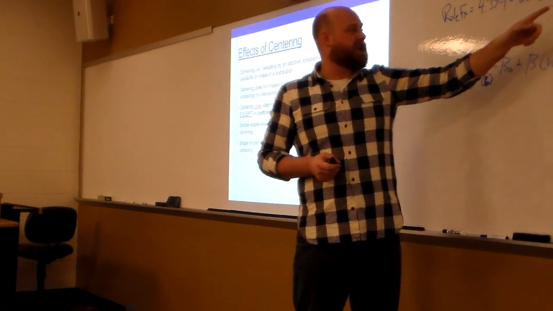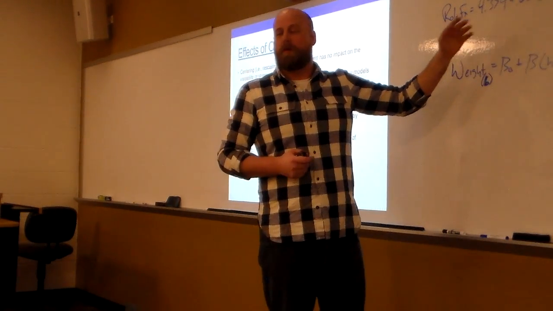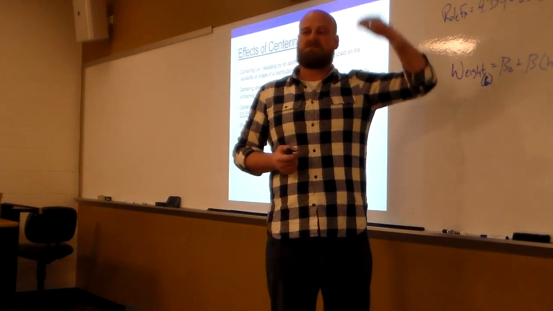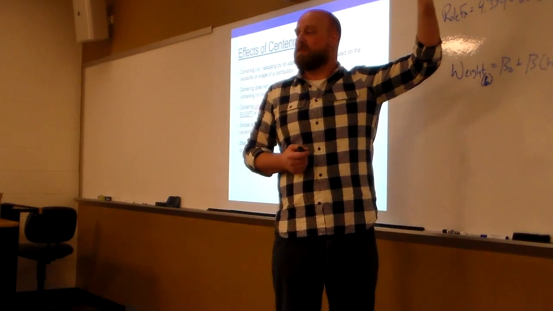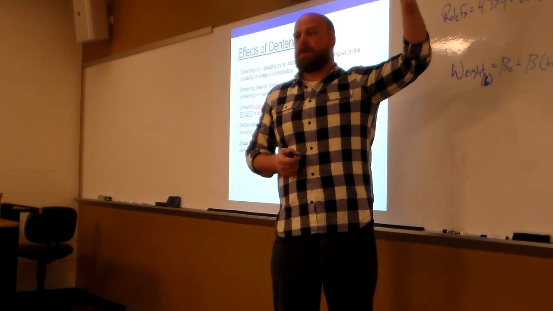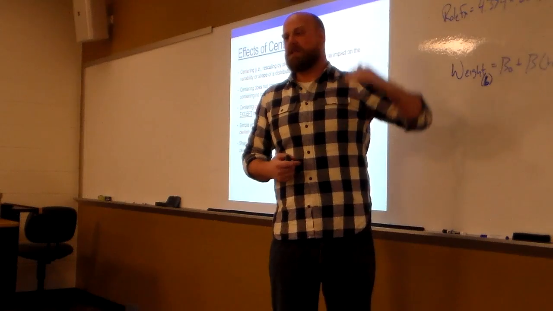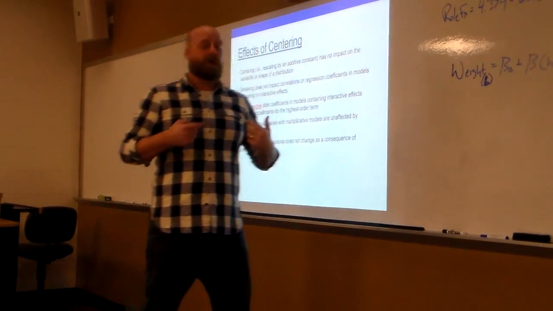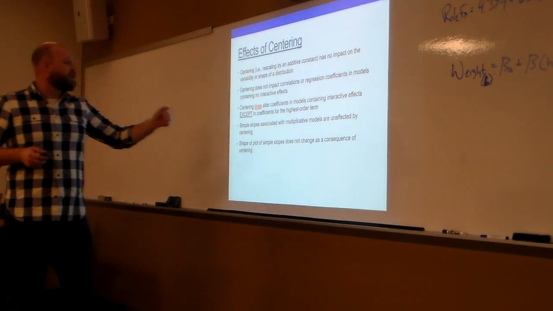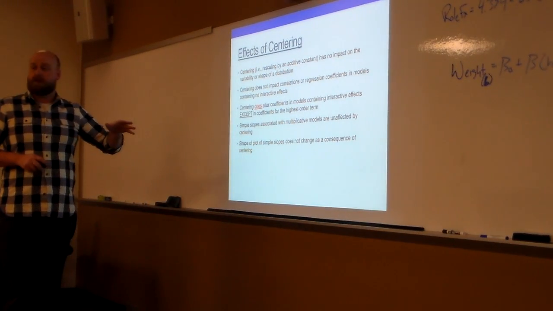Because if PTSD and pain are equal to 0, what do I expect role functioning to be? Pretty good, right? If I'm holding PTSD and pain constant at the mean, if the mean is now 0, functioning at the mean of pain, the mean of PTSD is probably going to be worse, right? So your intercept is going to change. But your actual regression coefficients for your predictors, correlations, these aren't going to change, okay?